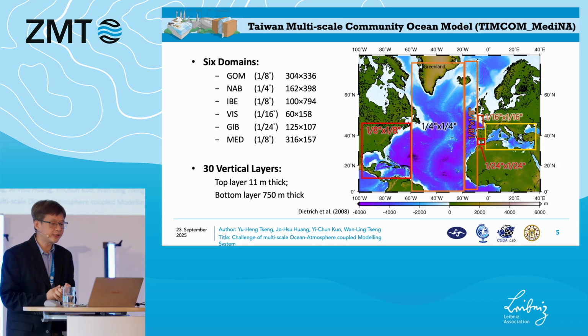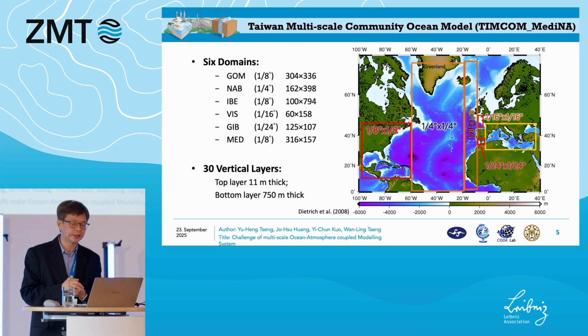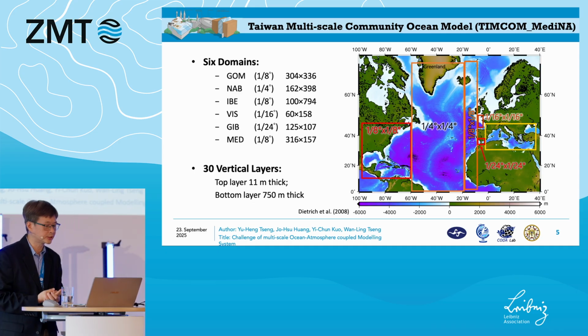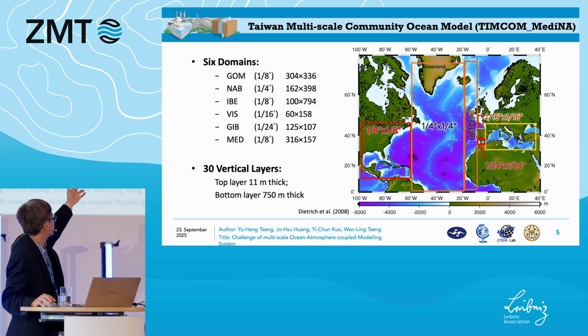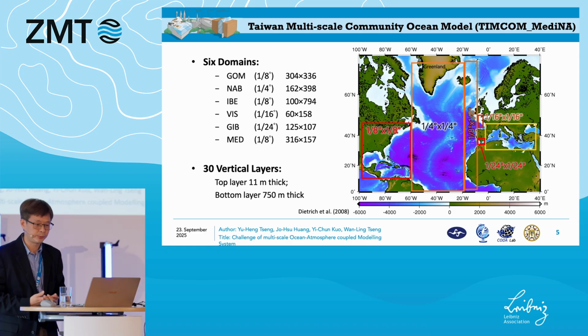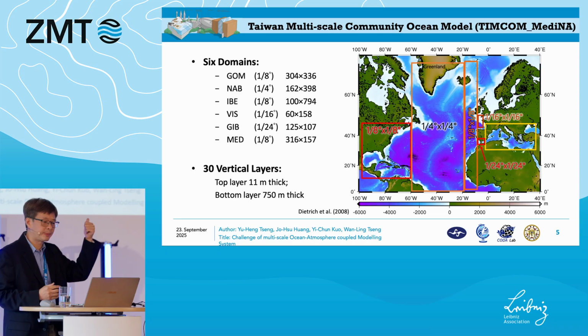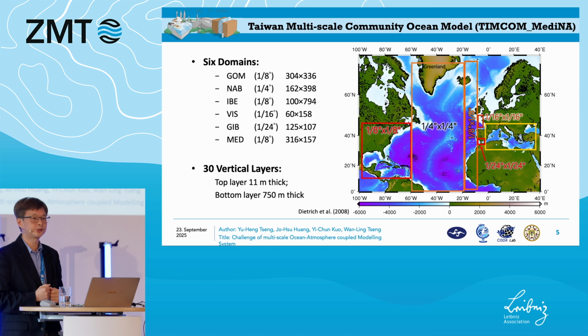Here comes another example for high resolution. The need for high resolution arises, for example, if we want to model the Mediterranean Sea and the North Atlantic all together. What can we do? The easiest way is to use a very simple three-dimensional ocean model.